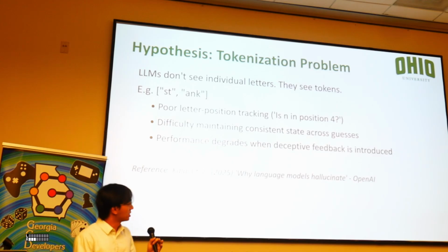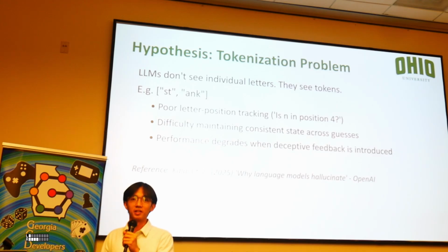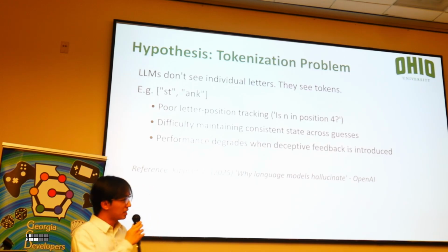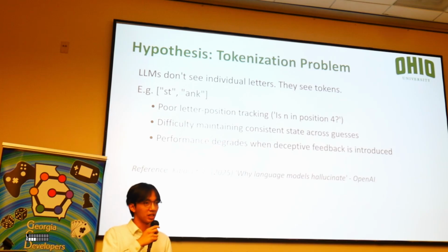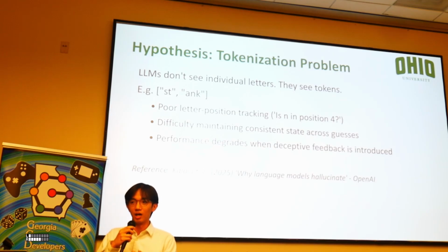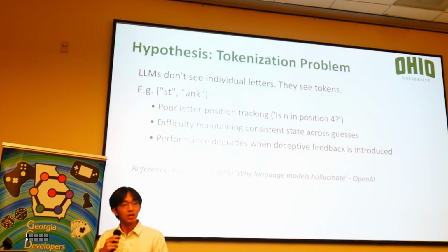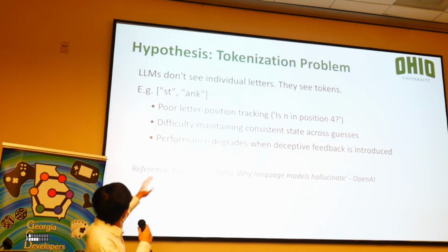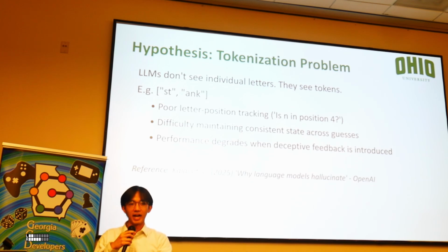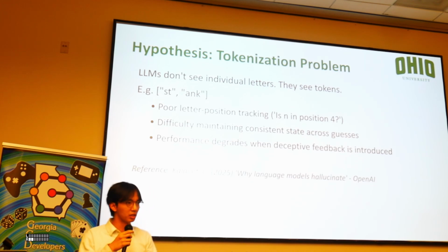Like I mentioned before, we wanted to explore the LLMs' capability in positional reasoning, and this is because our hypothesis is that LLMs would struggle with word games because of tokenization problems. For example, for the word stank, LLMs don't actually see every single character of that word, or the whole word itself.